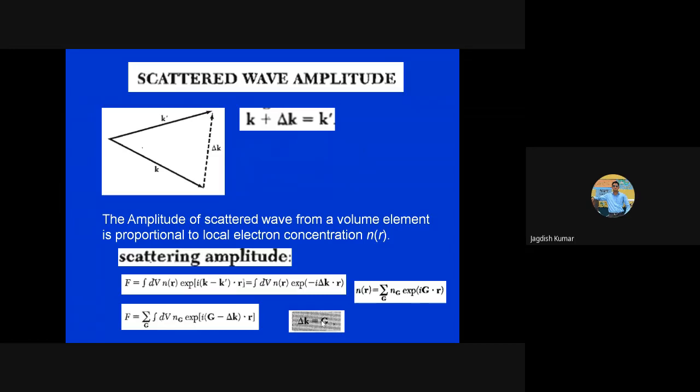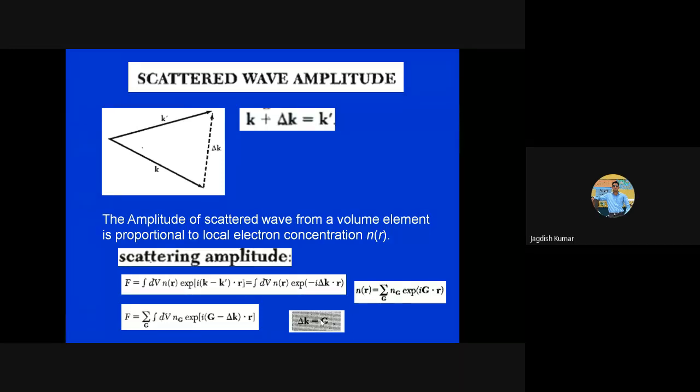Okay, very good. So now this condition is telling you where you will find the maximum scattered wave amplitude. And what is the meaning of maximum scattered wave amplitude? It is maximum intensity. So this expression is another way of writing Bragg's diffraction condition. Whenever delta K is equal to G, there will be a maximum.